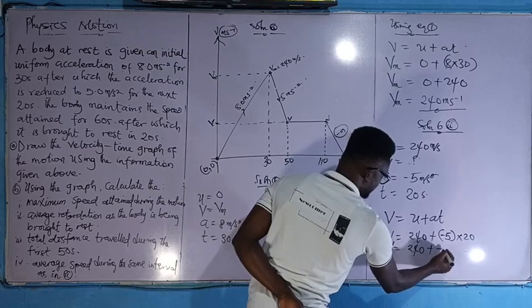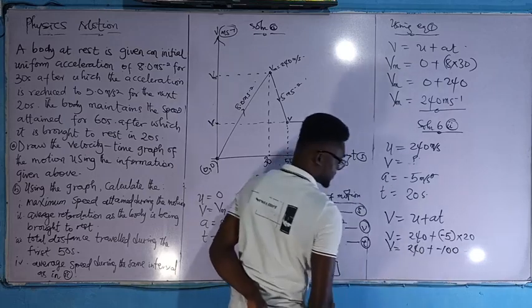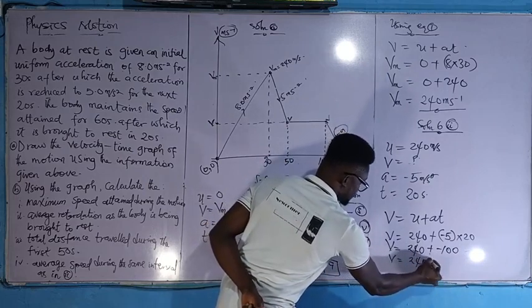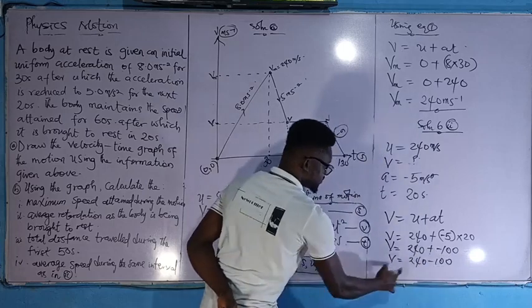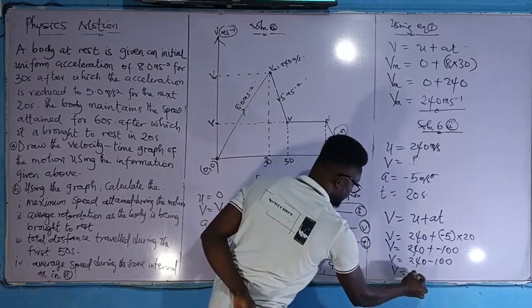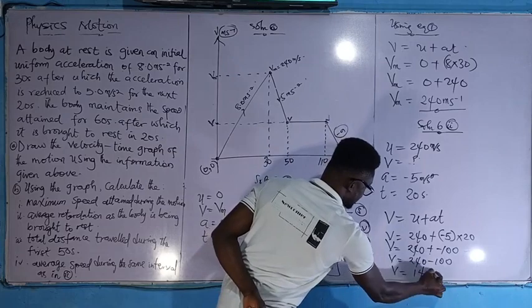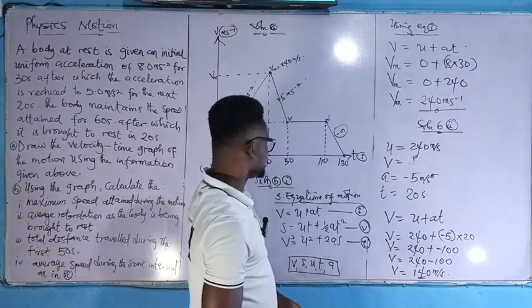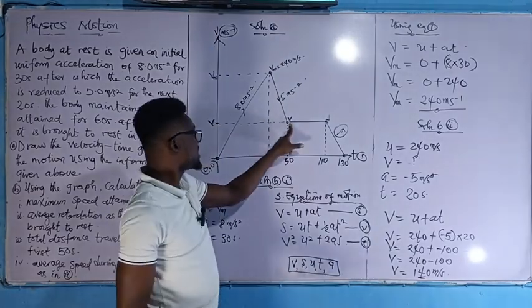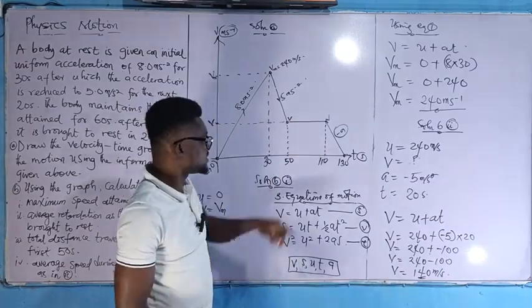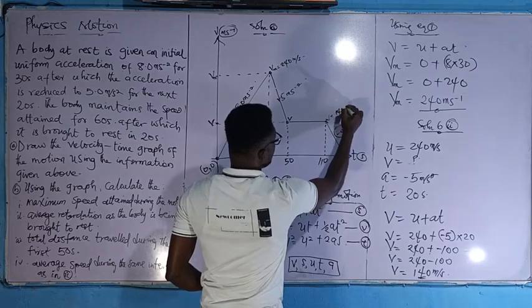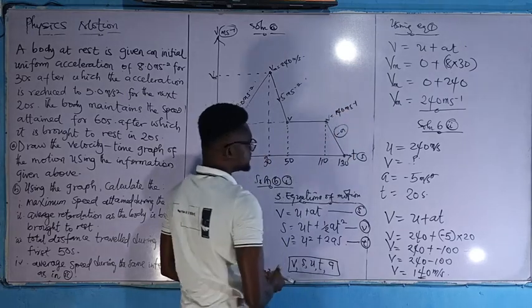We give minus 100, since plus minus gives minus. So 240 minus 100, we have 140 meter per second. So we've got the velocity at this very point, and that velocity is the same as the velocity here, which is 140 meter per second.